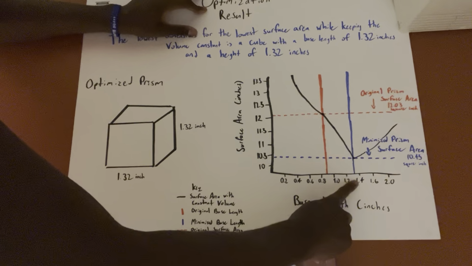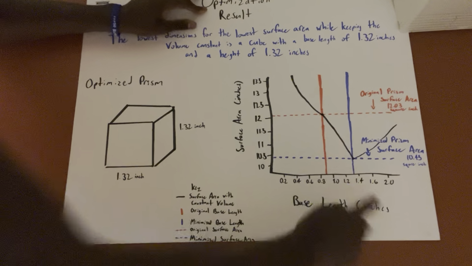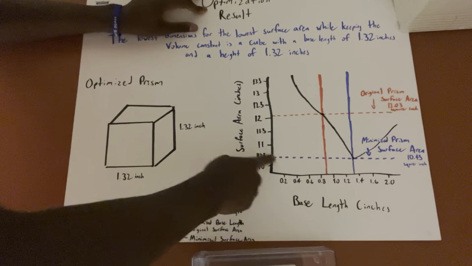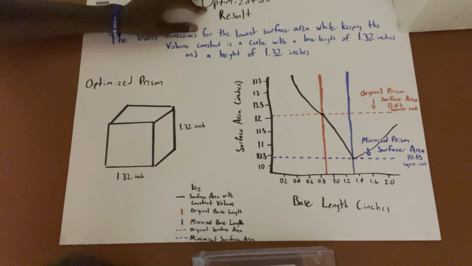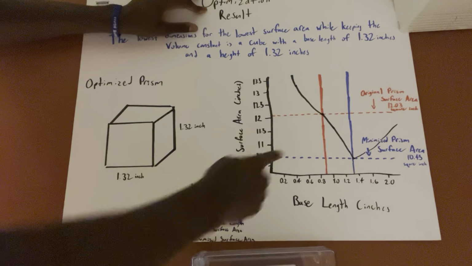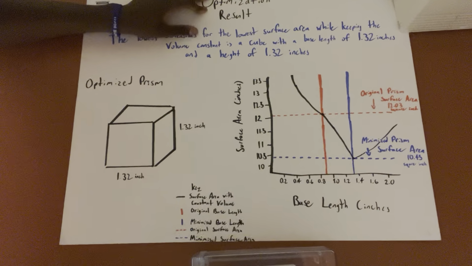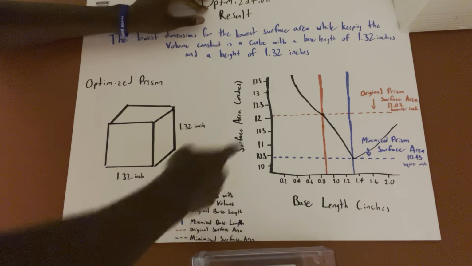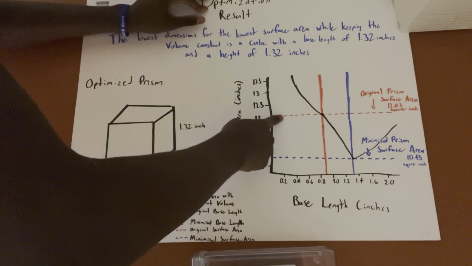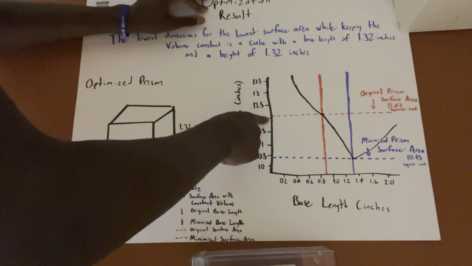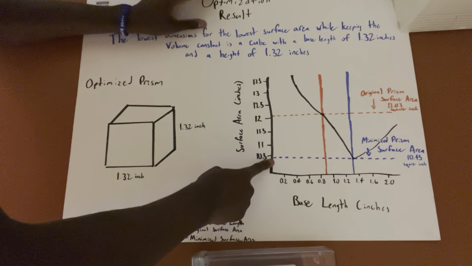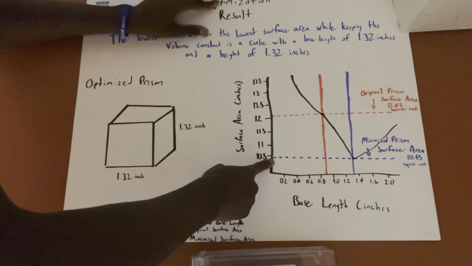The optimized one is 1.32. And then these dotted lines, the red one is the original surface area, and the blue one is the minimized surface area. So the original had a surface area of 12.03. The minimized one had a surface area of 10.45.